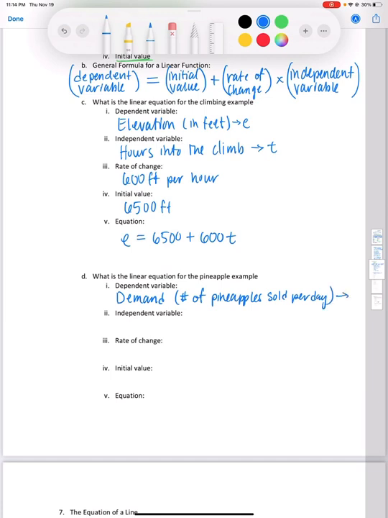Okay, and we'll call that D for demand. Independent variable is the price per pineapple. Remember that the price increases in their model, so they look at the price increases.